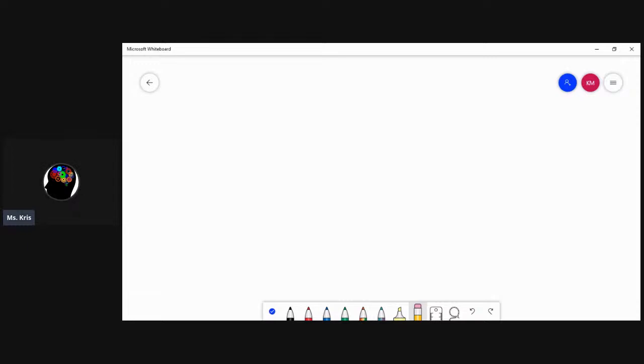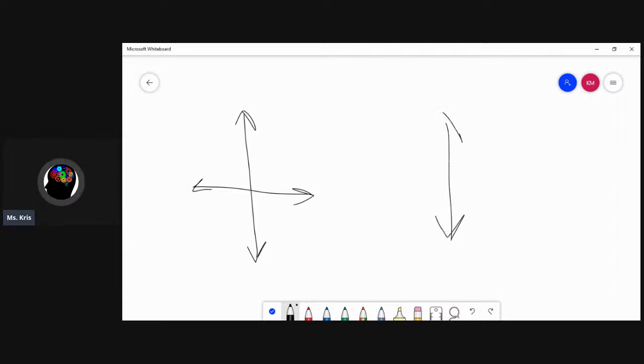Moving on, this is 8.5 and 8.6, which says write and graph the exponential growth or exponential decay of a fraction. Now, here lie two graphs.